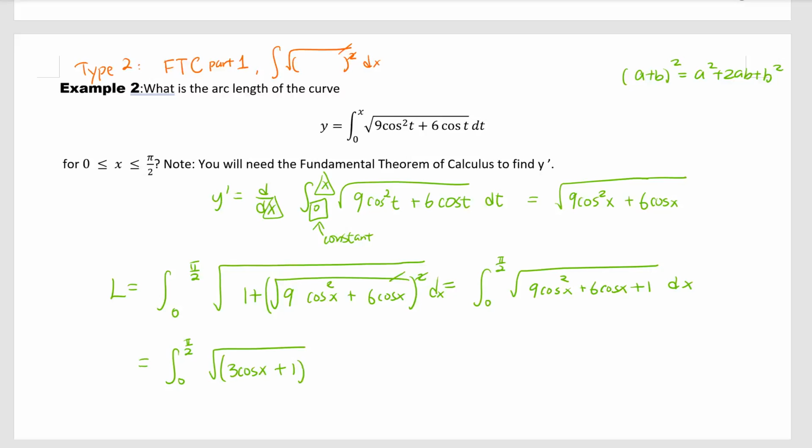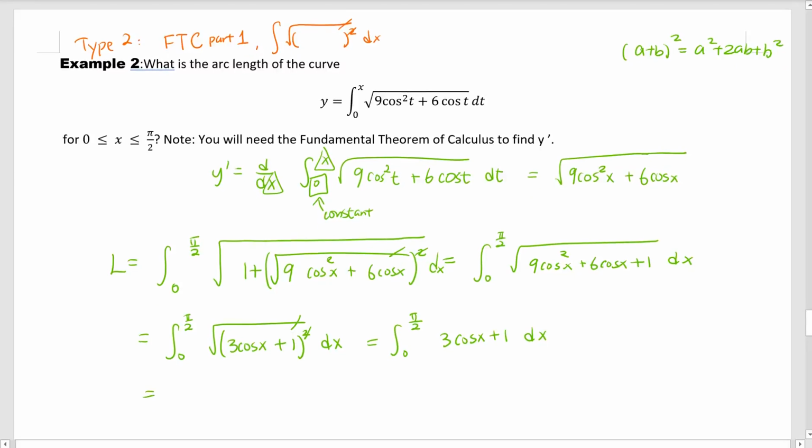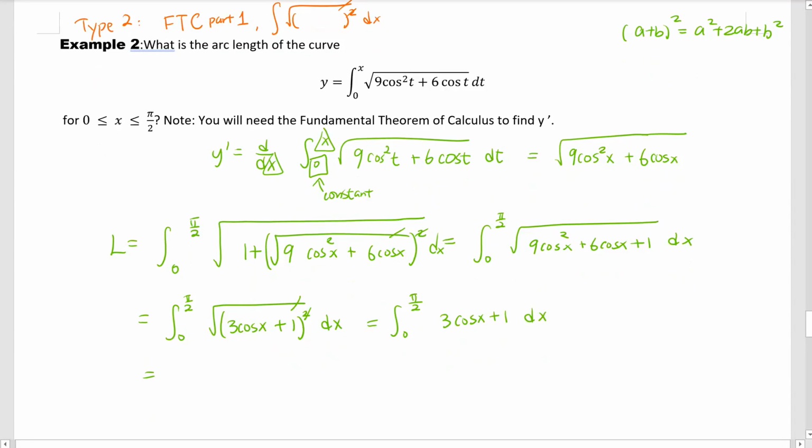So this is actually the perfect square of 3 cosine x plus 1. See? The perfect square can cancel with the square root, so that helps us get rid of the square root. Now we're able to integrate. That's why I say type 2. We can use the fundamental theorem of calculus part 1, and our goal is to get rid of the square root.